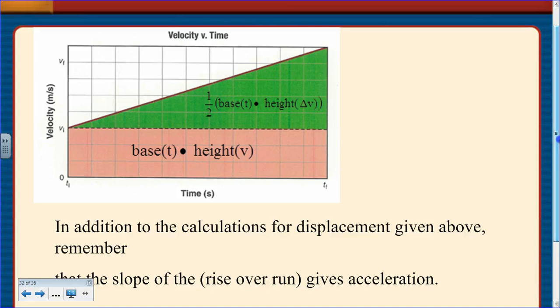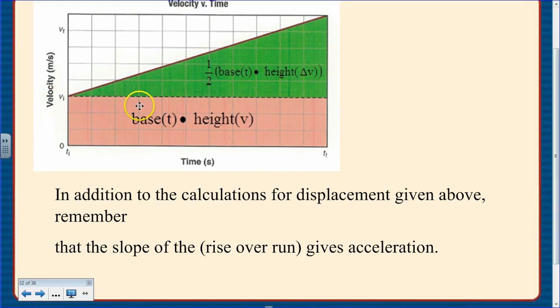But for this class, you're going to diagram the graph, and then you're going to do 1/2 base times height for any triangle, base times height for the rectangle. The last thing you need to know is how to do the slope. Real easy. Rise over run.